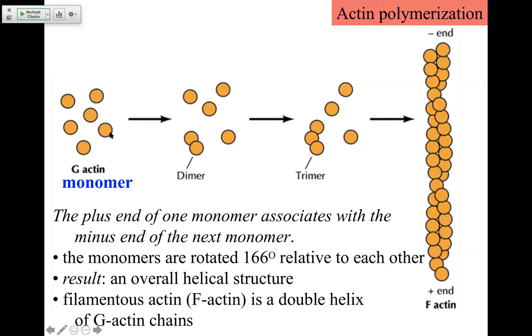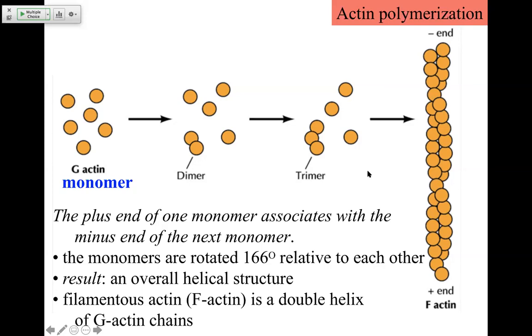And so here are the individual subunits. They will associate in a characteristic manner. The plus end, which we haven't indicated here, of one monomer then interacts with the minus end of another monomer, and they are rotated 160 degrees relative to each other, resulting in an overall helical arrangement of these polymers.